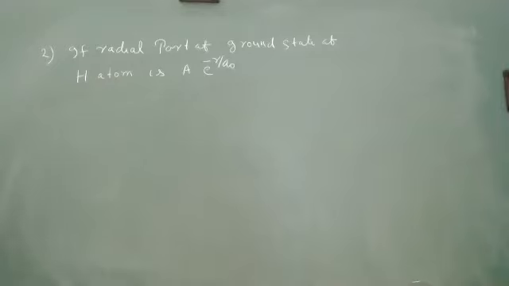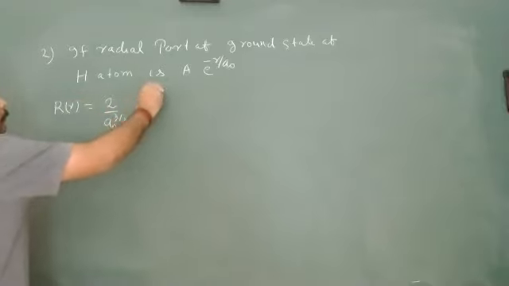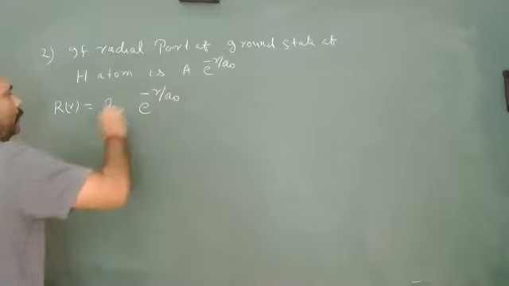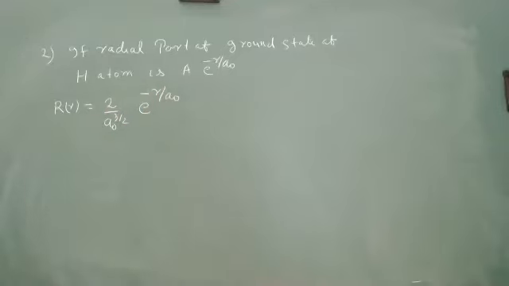So what is my radial wave function? The radial wave function is equal to 2 upon a naught to the power 3 by 2 times e to the power minus r upon a naught. So what will be the radial probability density? The radial probability density is rho of r, you can write mod R square into r square.